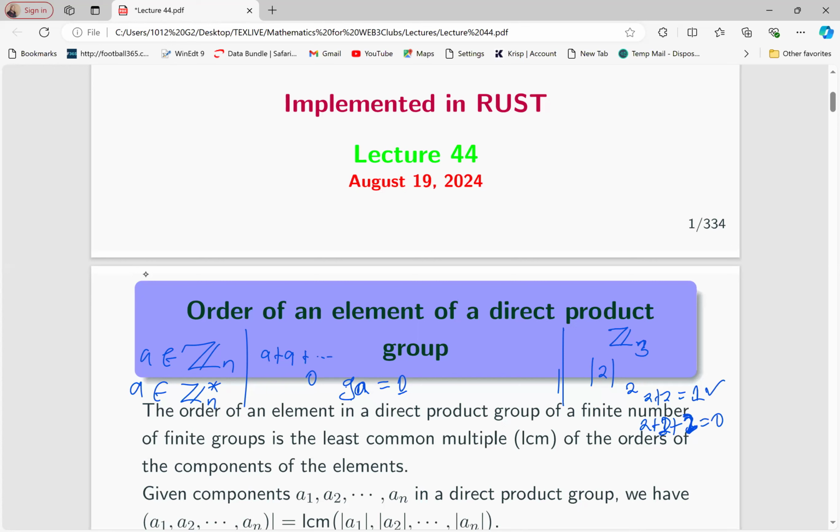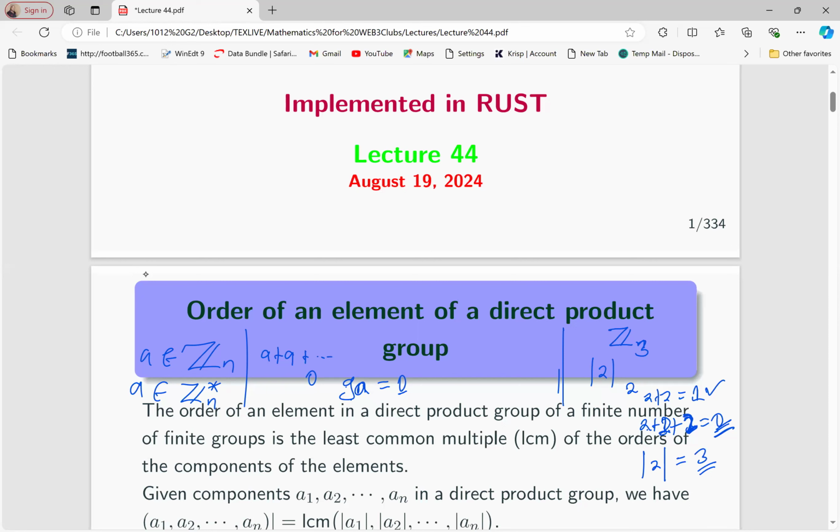And then 2 plus 2 plus 2 is 6, mod 3 that gives me 0. That means the order of 2 in this group is 3. In other words, I add 2 three times to get the identity. So that is how we look at the order of an element in an additive group, just reminding ourselves what we did.